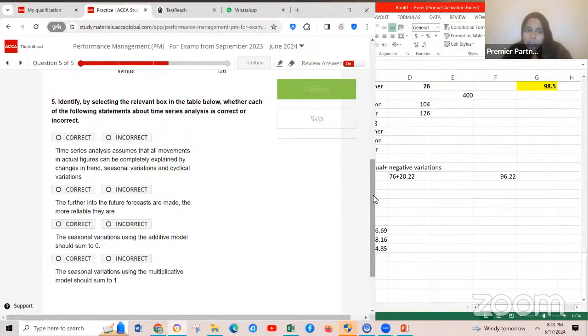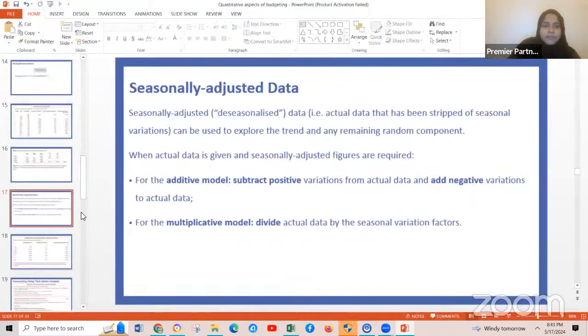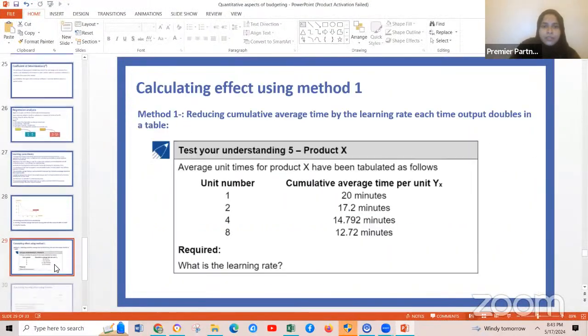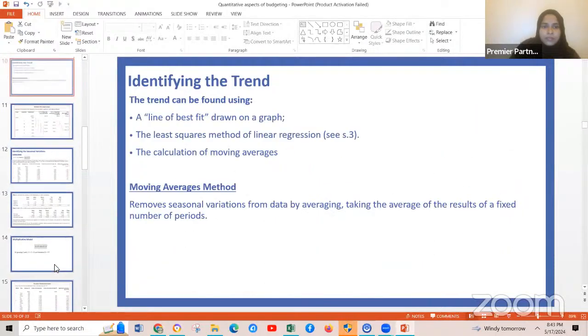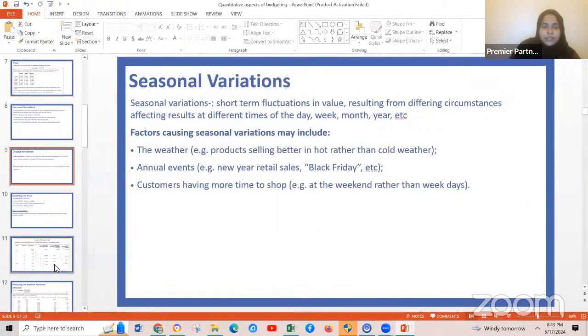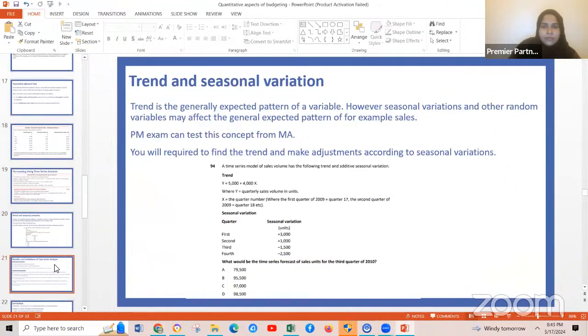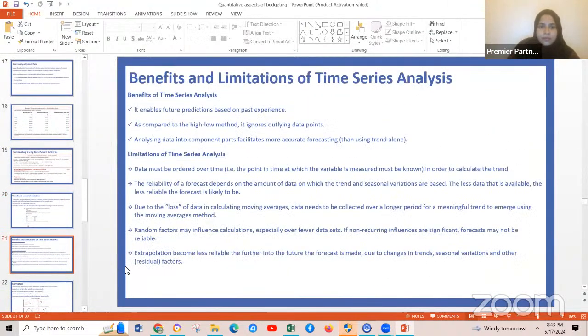All the changes in actual sales will be explained by the normal trend, seasonal variation, and cyclic variation. Is that right? Is random also, you're right. Okay.